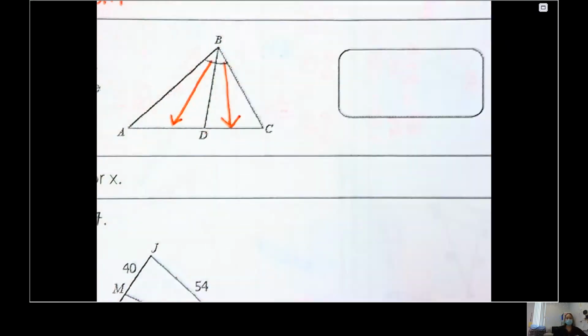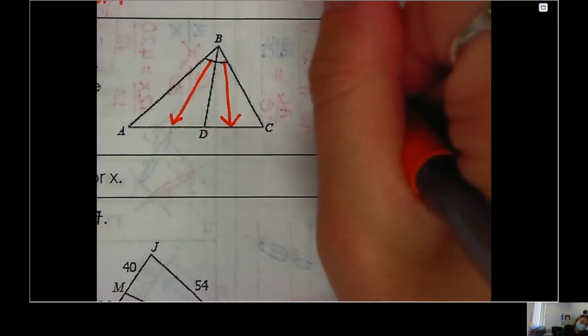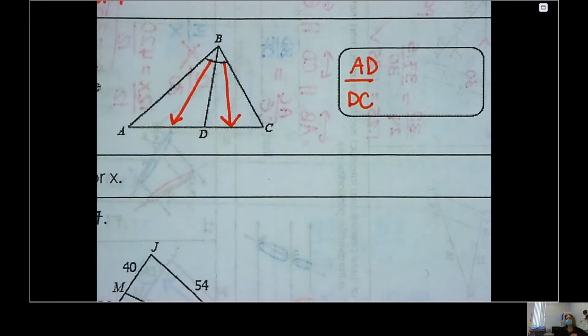So if you come up to the angle, draw an arrow straight down, you should have two sides across from the bisected angle. What are the two sides that are across from the angle? AD and DC. That's going to be my first fraction. This piece here, AD, divided by DC. That's the bisected pieces right across from them.